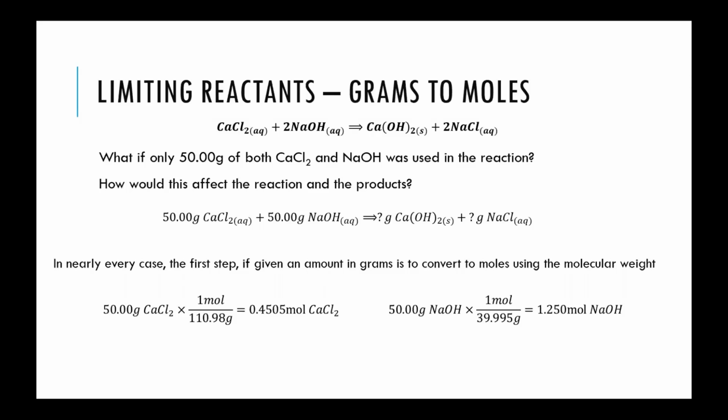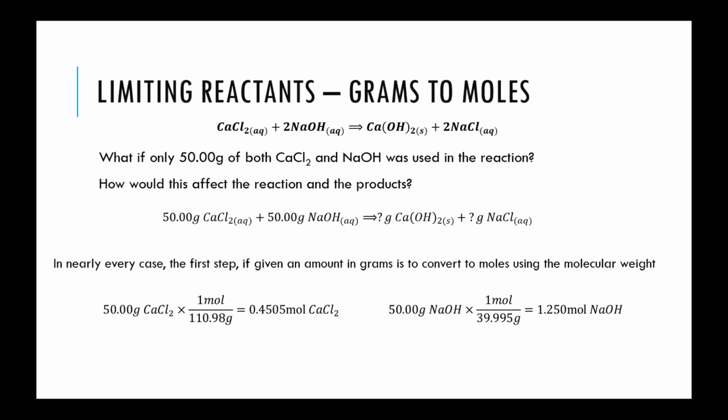And to determine the limiting reactant, you first have to see how many moles of material you have. Chemistry is performed in moles, but the actual action in lab is weighed out in grams. So there's always going to be this conversion between grams and moles.